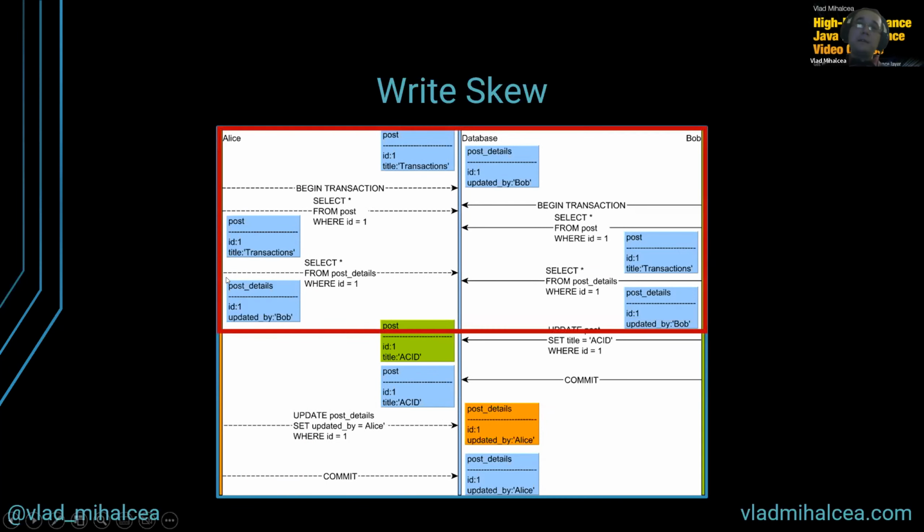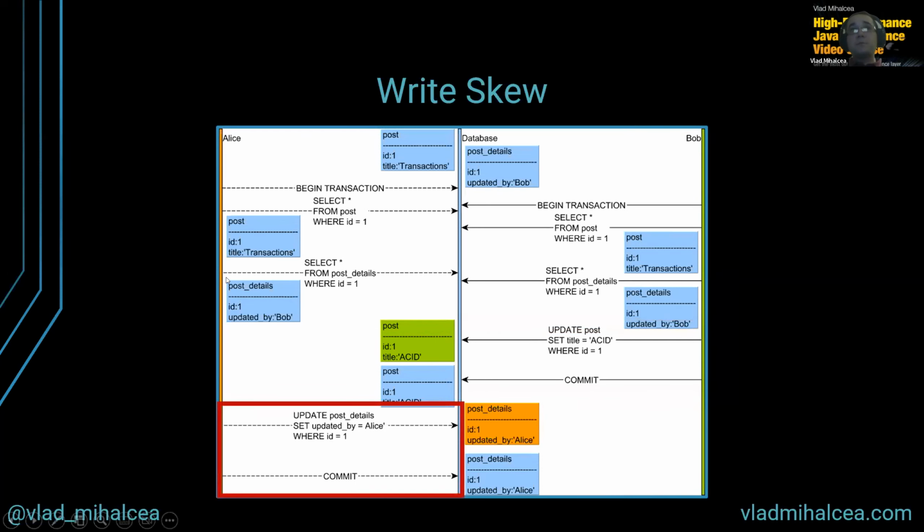Now, in the case of Alice, it could be something like that. She could have run a merge, and the merge basically does the select first. For instance, if the post hasn't changed against what's in the database, the update would not go through, but the post details update would go through. So in the case of Bob, he would think that he leaves the database in this state, and Alice would have wanted to keep it as post with the title transaction updated by Alice, but the combination in the end is going to be a mix of what they would have expected.